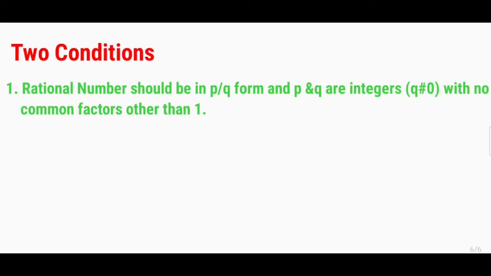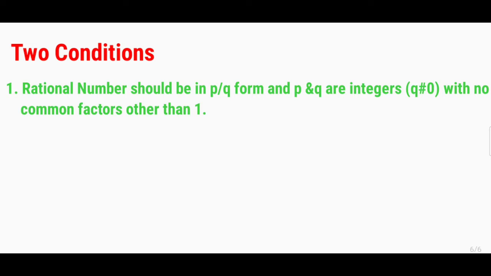Prove that the given rational number should satisfy these two conditions. First condition is that the rational number should be in P upon Q form, where Q is not equal to 0 and P and Q are integers with no common factors other than 1.